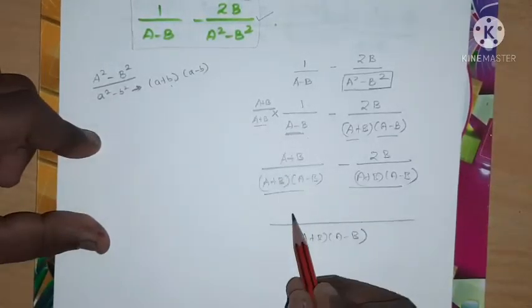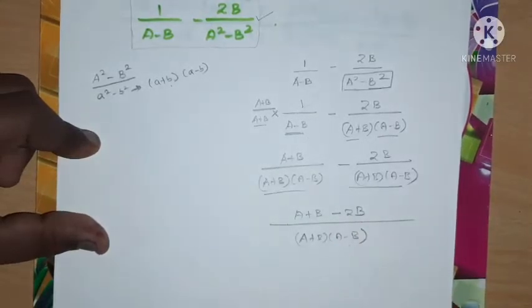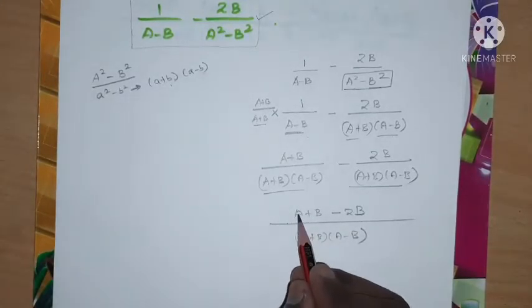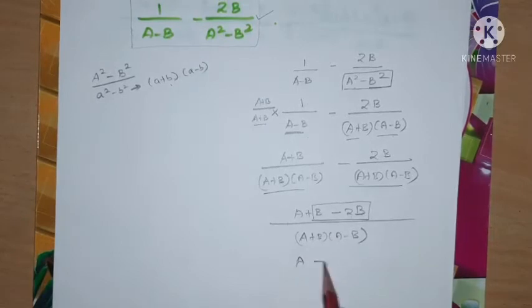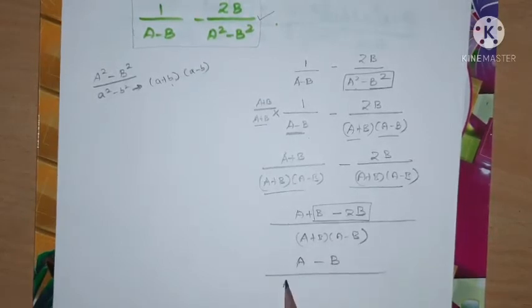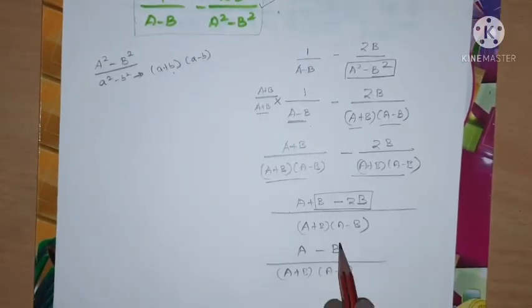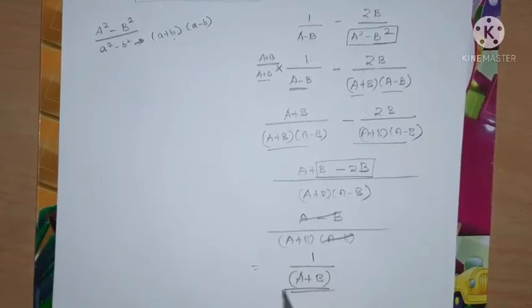Now look at the numerator: I can directly subtract, (a + b) minus 2b. So a + b − 2b: plus b minus 2b is minus b, right? So (a − b) divided by (a + b) into (a − b). Now this (a − b) and this (a − b) will cancel, and finally we'll get 1 divided by (a + b), right?